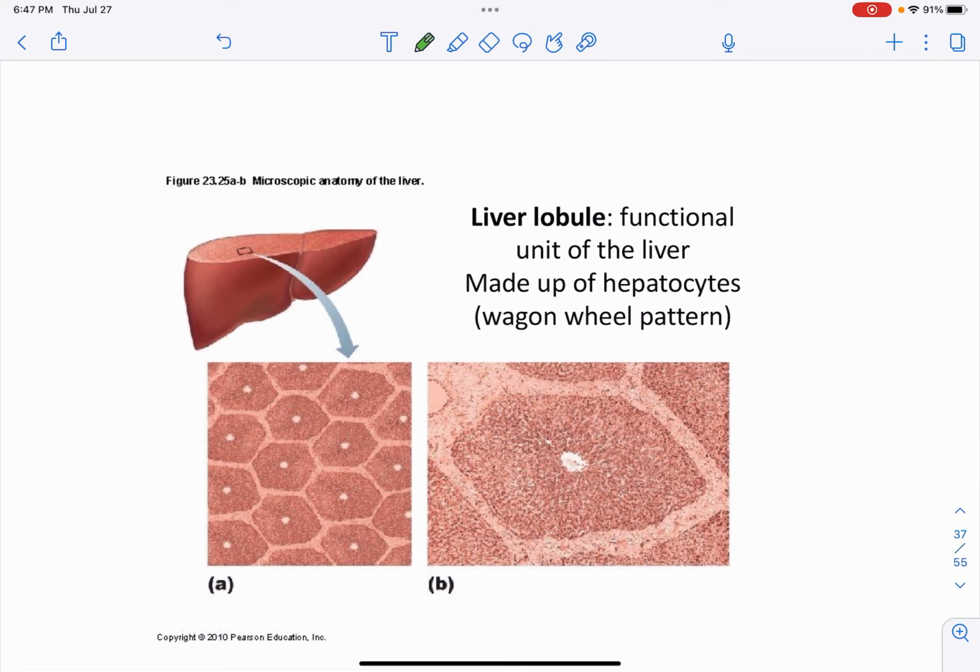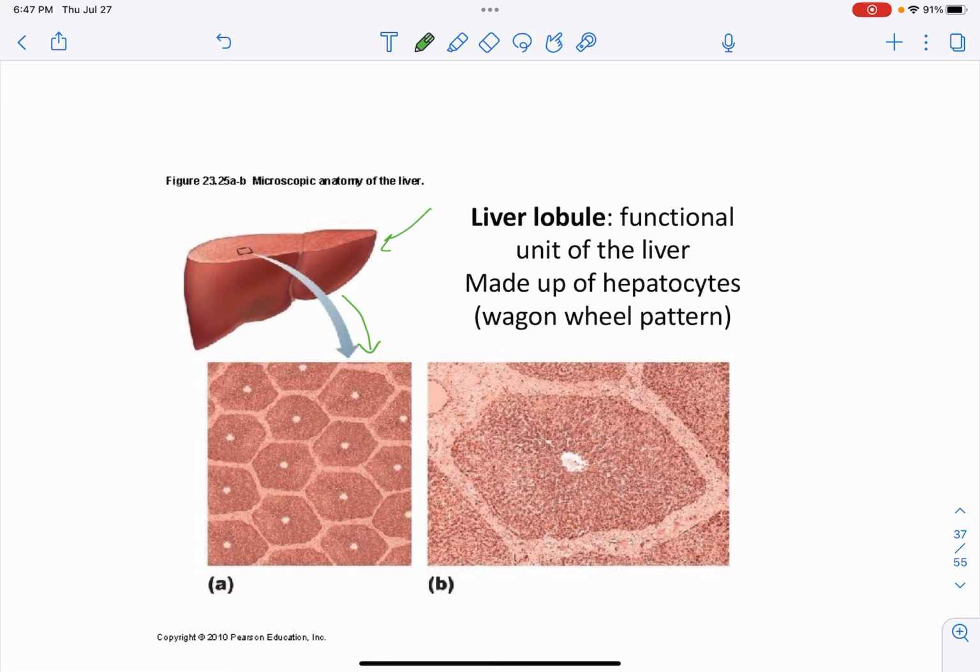All right, so let's take a closer look at what's going on in the liver and the types of cells that you will find in the liver. So here's a picture of the liver, and you can see this little square, this little microscopic section is being blown up here. And what you can see are these sort of wagon wheel patterns that you will find in the liver when you're looking at it under the microscope.